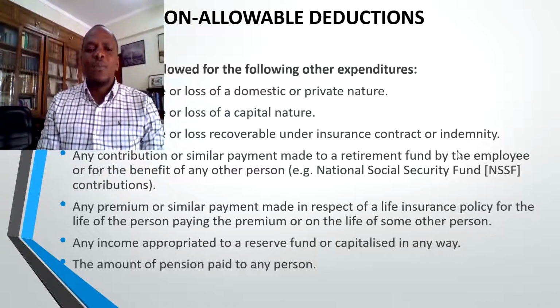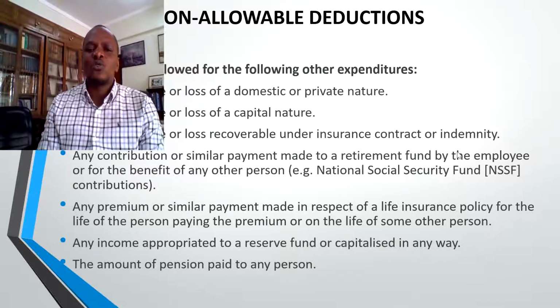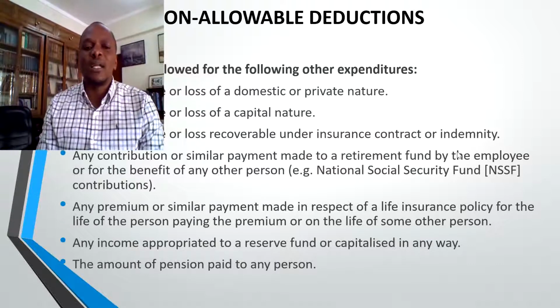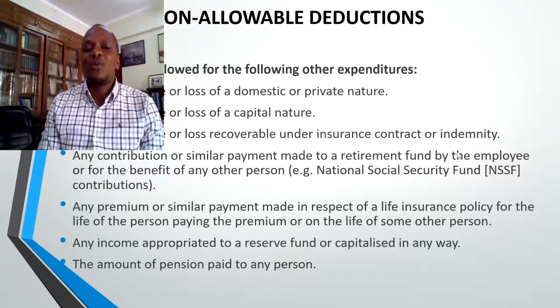Then two, an expenditure or loss of a capital nature. Expenditures or loss of a capital nature are also not allowed. Then expenditure or loss recoverable under an insurance contract or indemnity. If you incur an insurable loss and you're going to recover that money from insurance, then the taxman will not allow you a deduction.